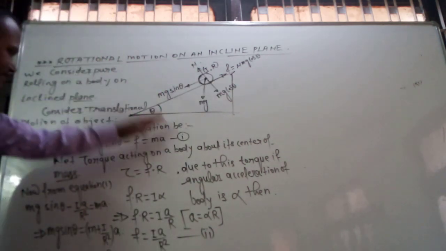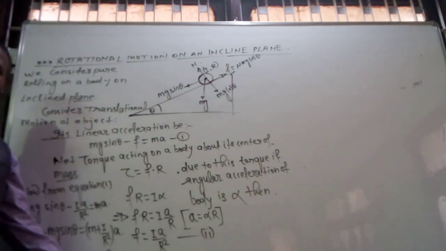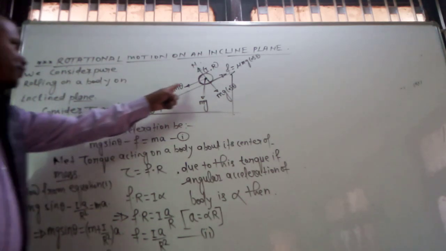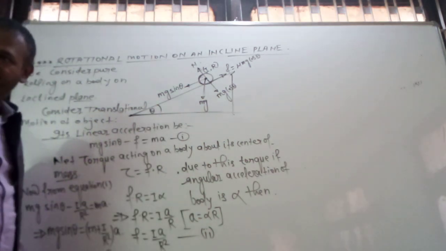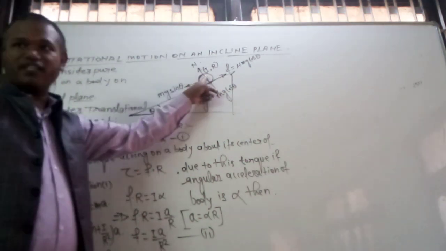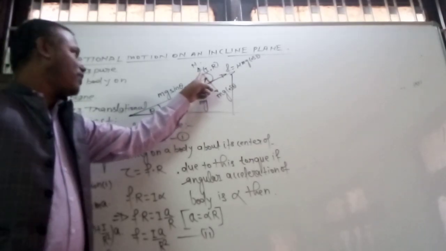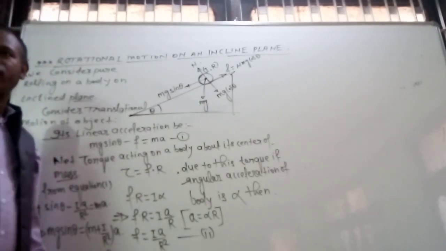So this is the complete analysis, but there is a tricky way we understand this from previous classes. Our acceleration will be NPF, net pulling force, which is mg sin theta, and the mass is m, and the effective mass of this rotating object will be I upon R square.